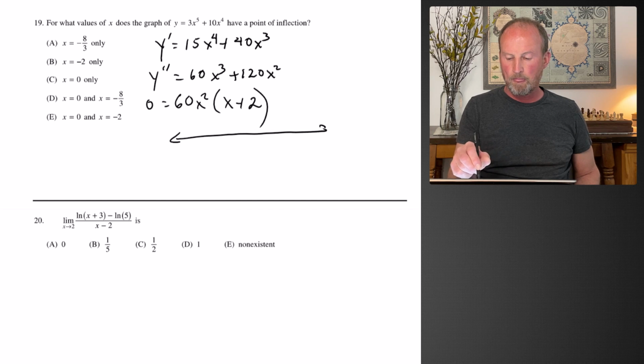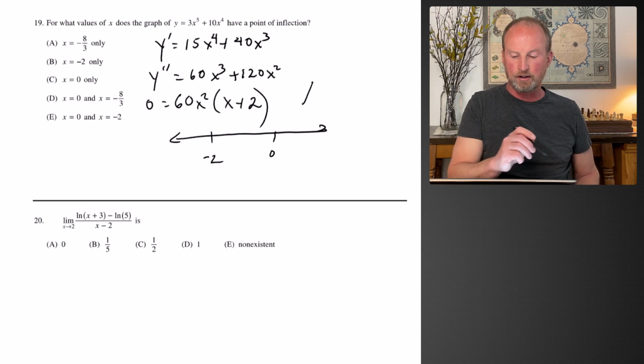Number line. Sketch a graph. We've done this several times now. Negative 2 and 0 are my values for x that make the function 0. It's going to start up here on the top. Why? Because when x goes to positive infinity, my leading coefficient is positive, so it's going to go to positive infinity.